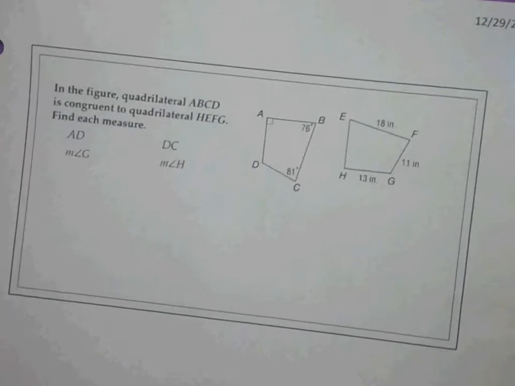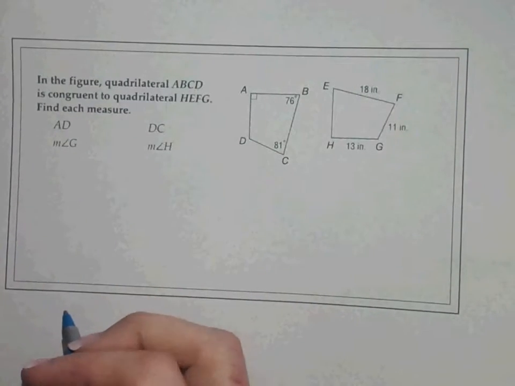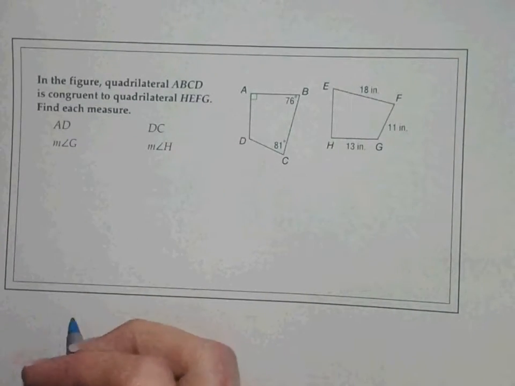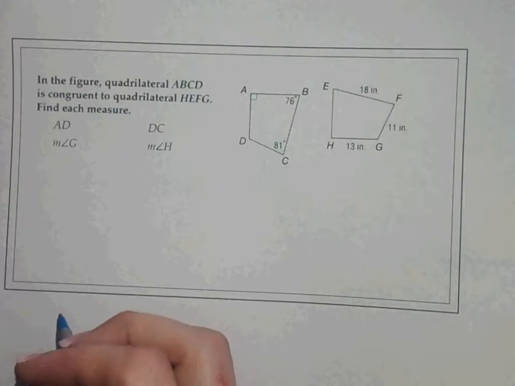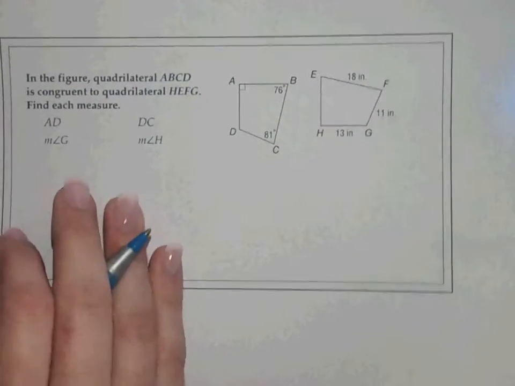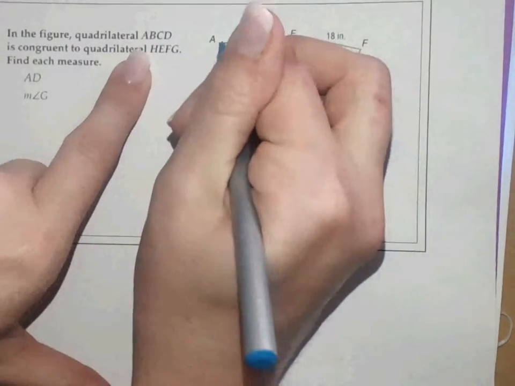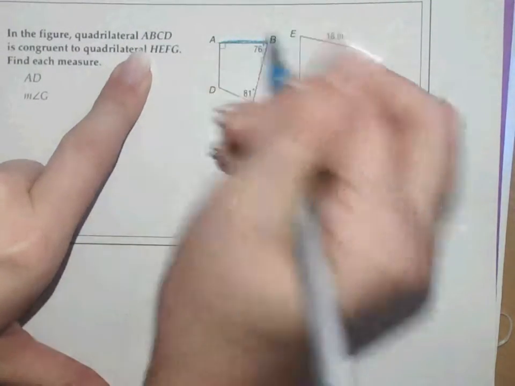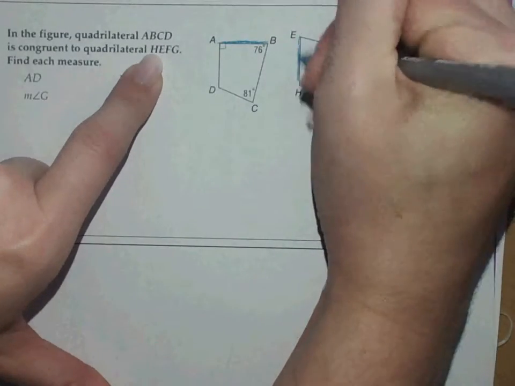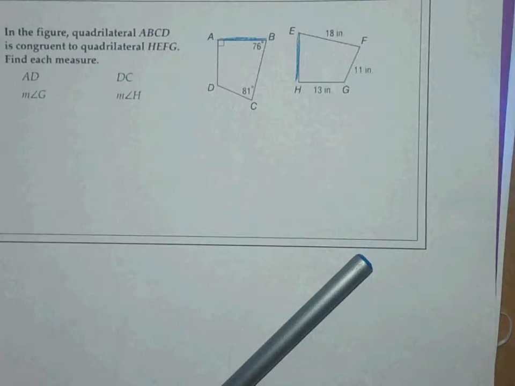Okay, let's look at this type of problem. In the figure, quadrilateral ABCD is congruent to figure HEFG. So what I'm going to do is match up these sides. AB is congruent to HE. Okay, so those two match.